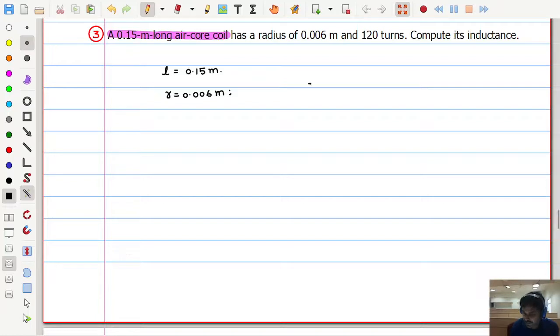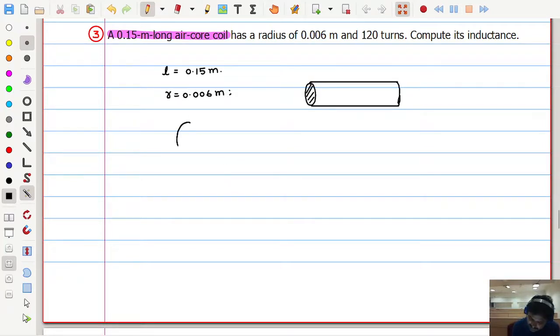Now, it might be in this way. If it is not given, we choose a cylinder kind of shape. If any other shape is specified, they will definitely specify square or whatever shape. Now this is the area of cross section.